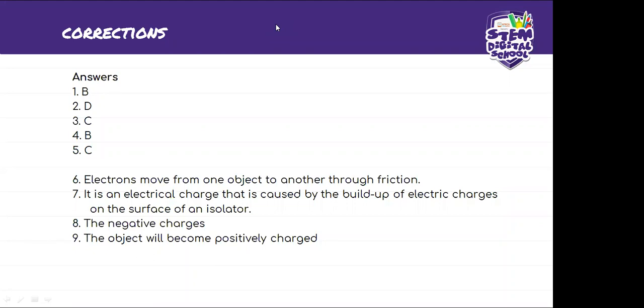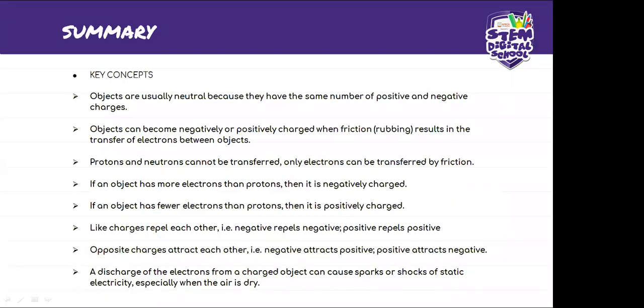Okay, so let's go to the summary. This topic is not that technical. We have been talking about objects that are usually neutral because they have the same number of positive and negative charges. A neutral object is an object having the same number of positive and negative charges.